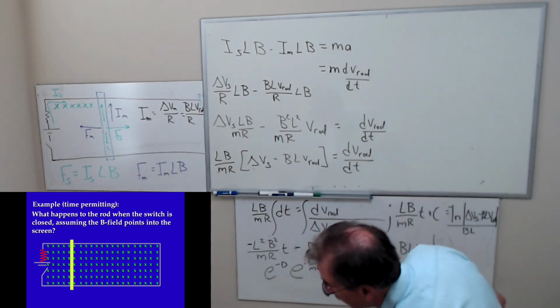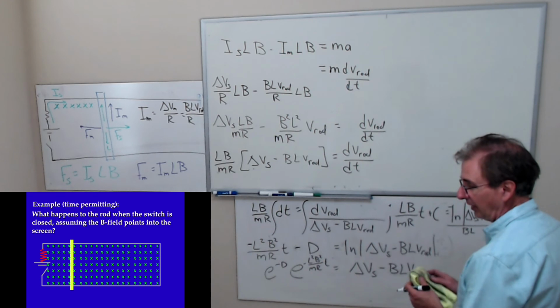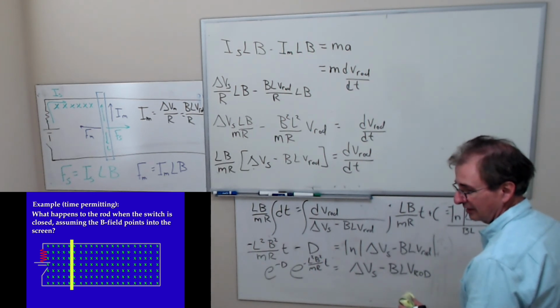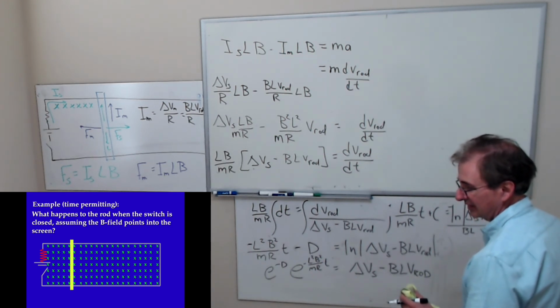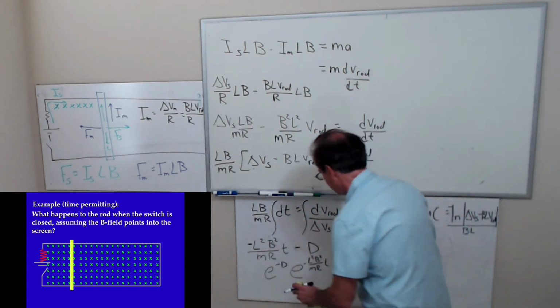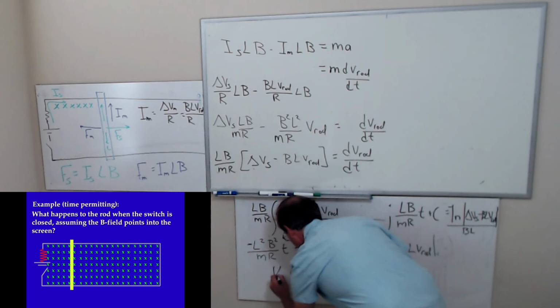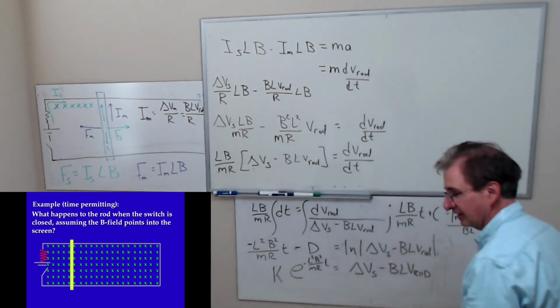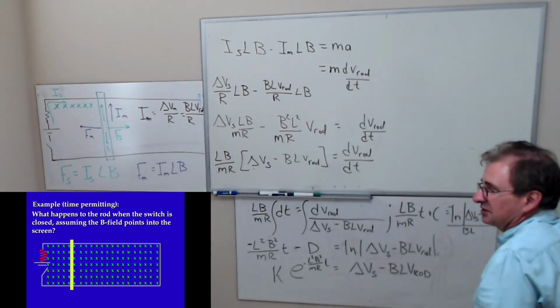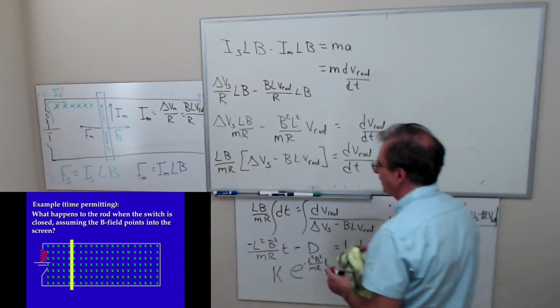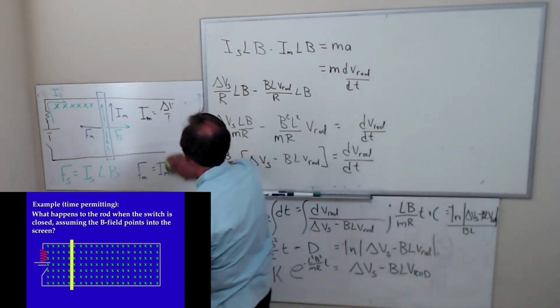Can I give it another name now? Can I call it K? Let me just call that K. Okay, it's just a constant. In the end, I'll figure it out. I gotta erase this.